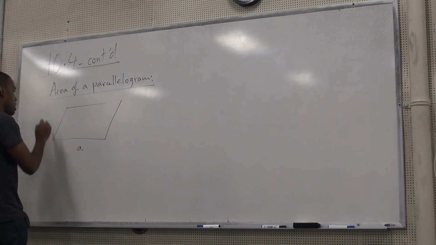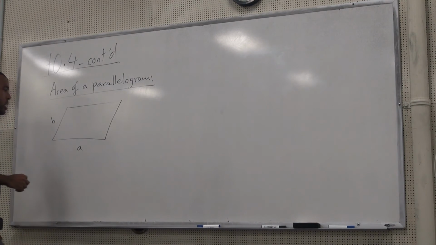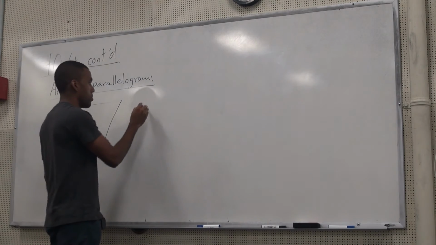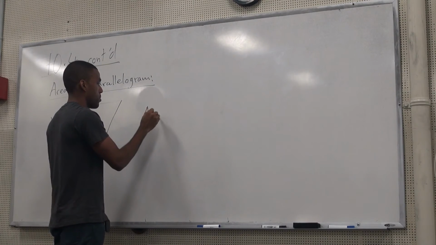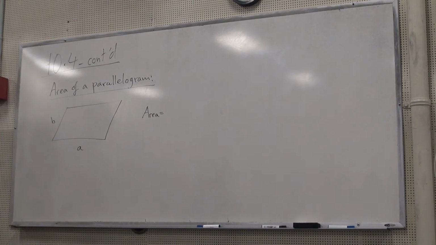This side is A, this side is B. How do I find the area of this parallelogram? Isn't it based on height?